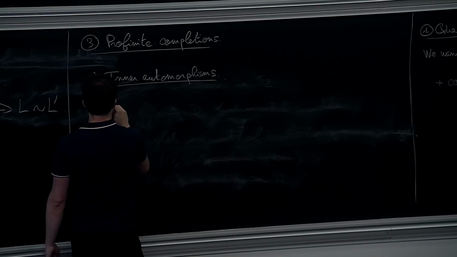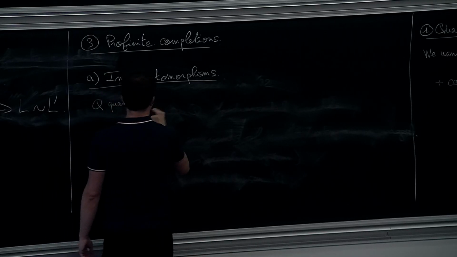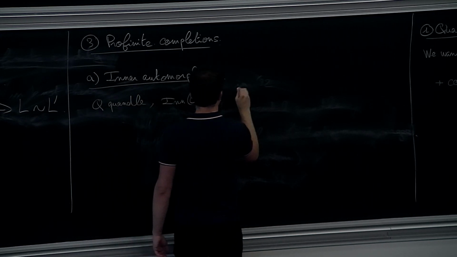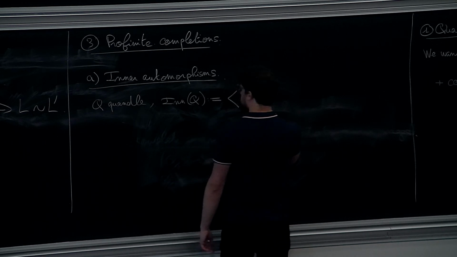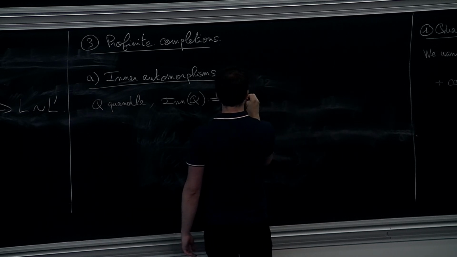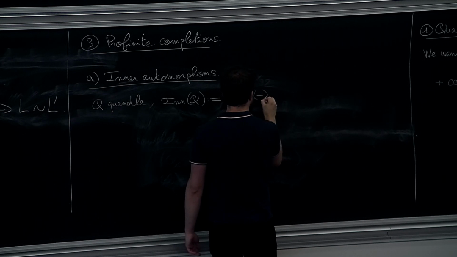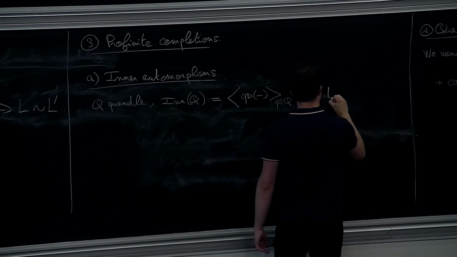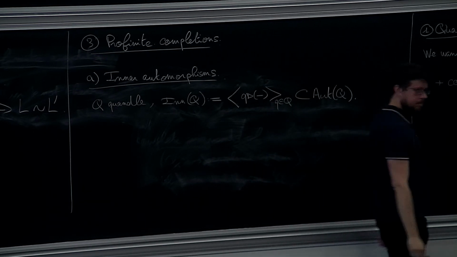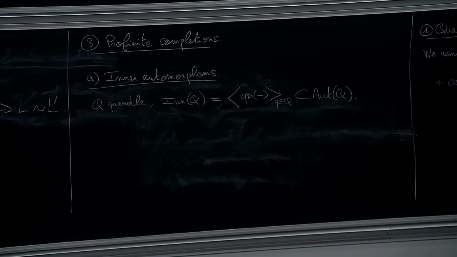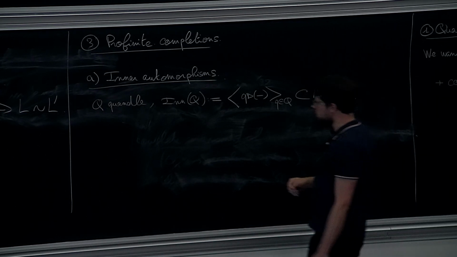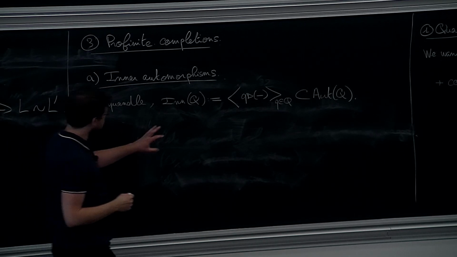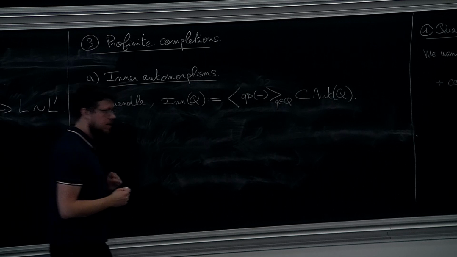So if Q is a quandle, the inner automorphism group of Q will be the subgroup of automorphisms generated by the automorphisms coming from elements of Q. And one important thing in quandle theory is that understanding the inner automorphism group is an essential part of trying to understand the quandle.